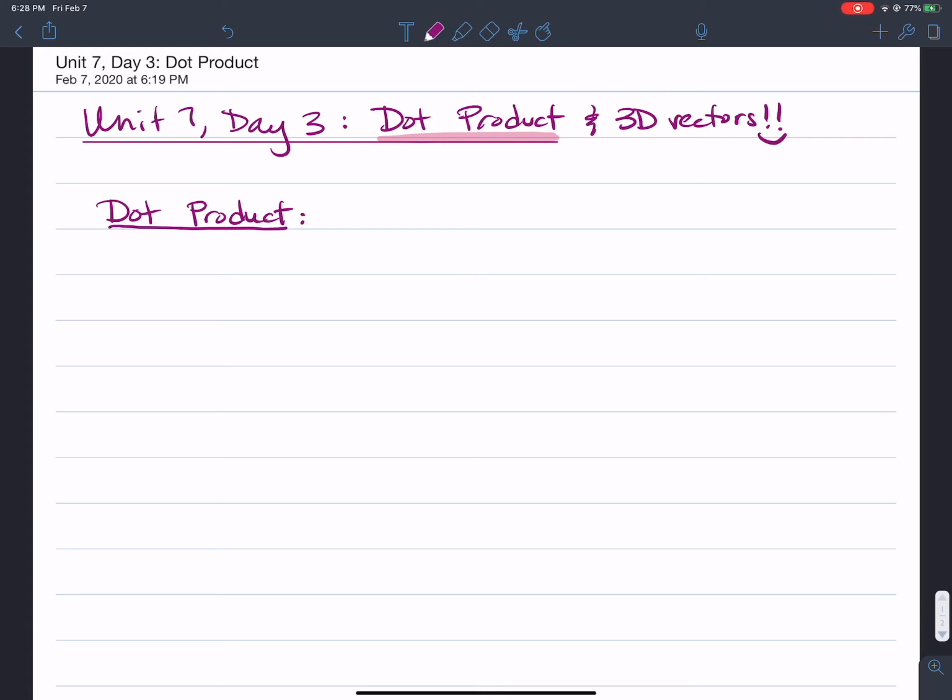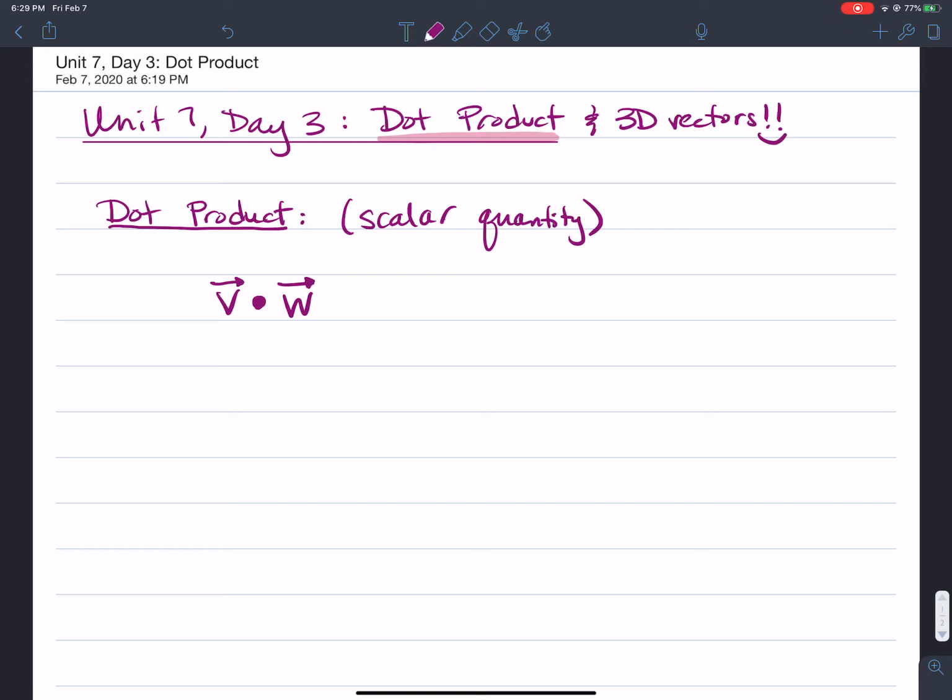So the rule for dot product, I'm going to write down that this is a scalar quantity. The dot product between two vectors, between V and W, so please notice I made a gigantic dot here.